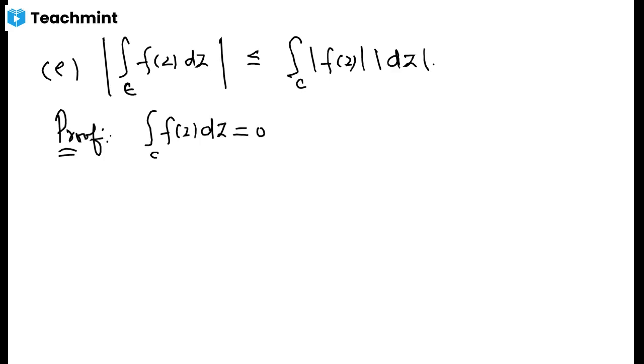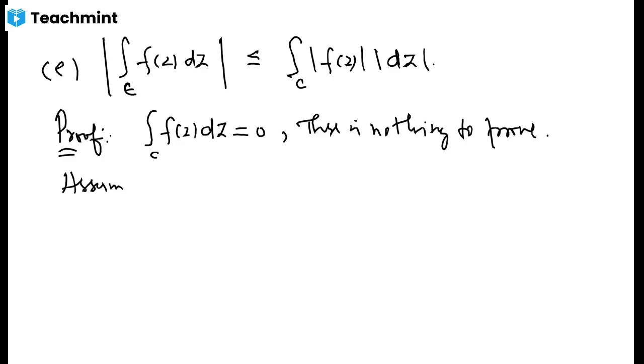If it is 0, then the left hand side will be 0 and its modulus will be 0, and the right hand side is greater than or equal to 0. So the inequality is trivial. There is nothing to prove. So we have to prove it when this thing is non-zero. We assume that the integral of f of z dz is non-zero.